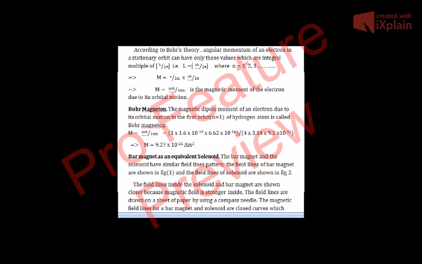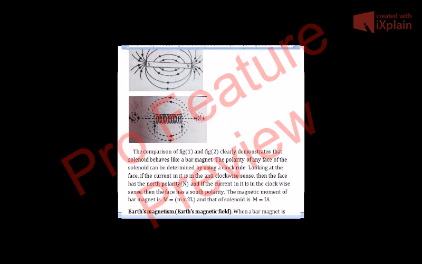The magnetic field lines for a bar magnet and solenoid are closed curves, as you see from fig first and fig second.